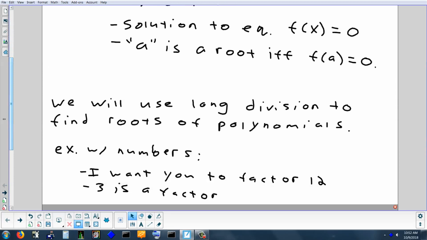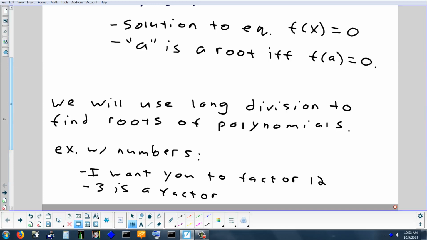Factor means to write it as a product of two numbers. I know you could do that, but we'll just go through it. So I want you to factor the number 12, and I'm telling you that 3 is one of the factors. Well, what would you do with the 12 and the 3 to find the other factor?